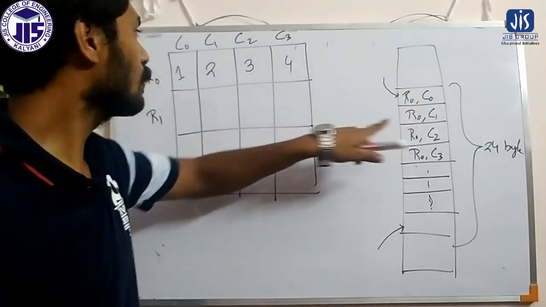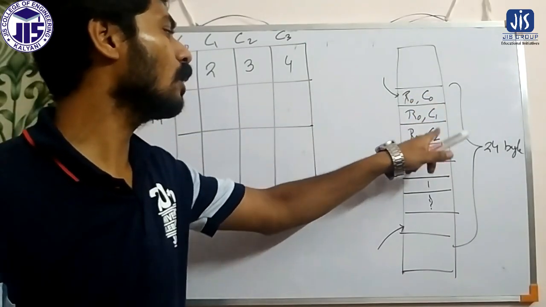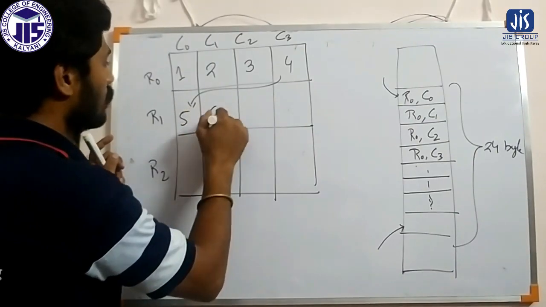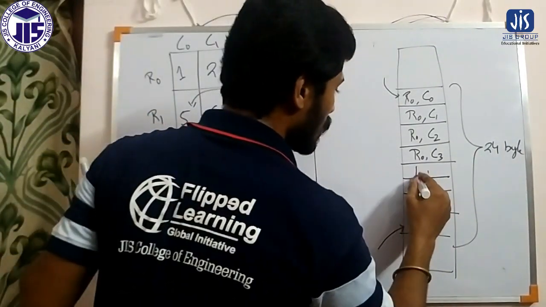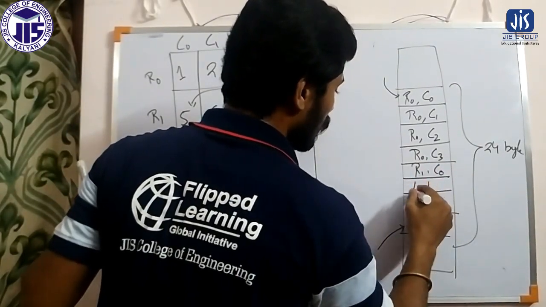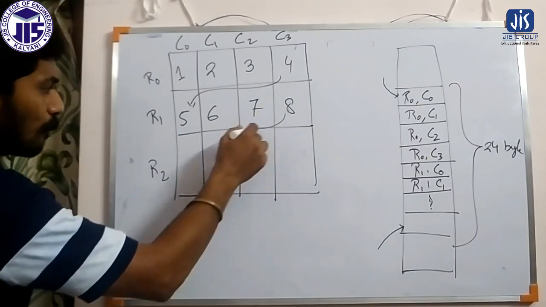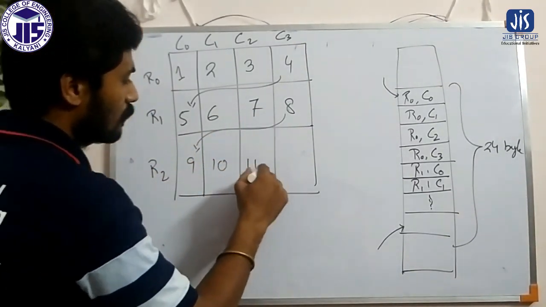Row 0 is completed, four elements are there. So we have covered row 0, column 0, column 1, column 2, column 3. When row 0 is completed, then we come to row 1. We complete row 1 first. The first element we will store is row 1, column 0, then row 1, column 1, and so on. In that way it will continue, and after completion of that, we will come to row 2. So 9, 10, 11, 12.